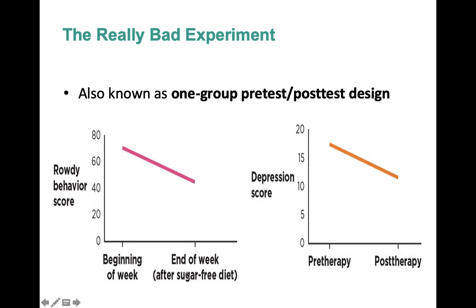Is that due to the sugar, or is it due to something else? Just the passage of time. Maybe these campers are settling in. Okay, they're away from their parents at the beginning of the week. They don't know people.